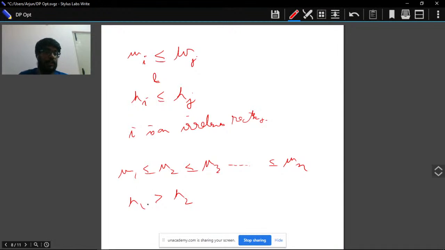So we assume that H1 is greater than H2. Now if H2 is less equal H3, then the second rectangle is useless, so I'll pop it out. Then I'll also check whether H1 is less equal H3 or not. If it is, I'll again pop it out. You can do this in amortized constant time, so total order n time.